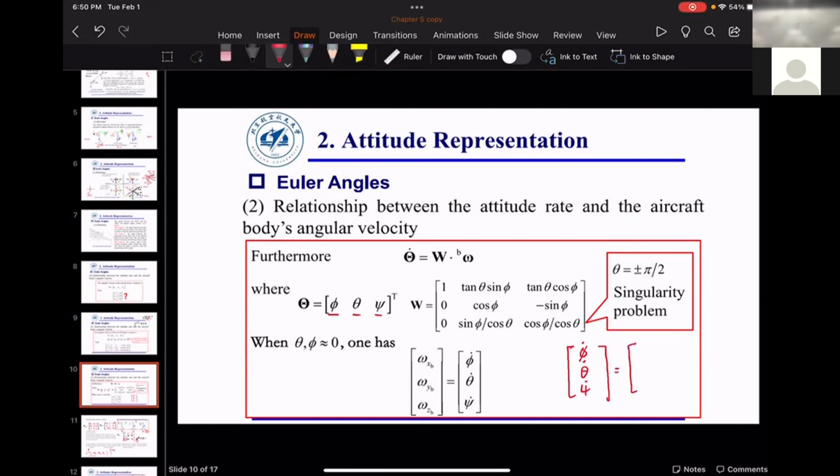That is a matrix multiplied by the P, Q, and R, which is the body angular rate. So body rates. And these are the inertial rates.